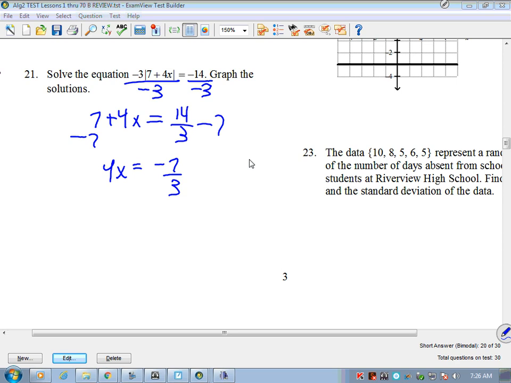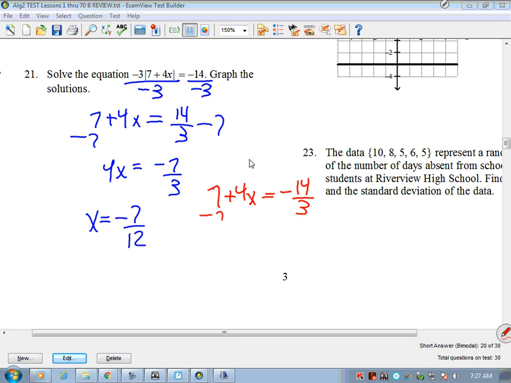All right, we're going to divide that by 4. Our answer comes out to -7/12. But this is only half the solution because the other thing we need to do, let's do it in red so we can see the difference: 7 plus 4x is equal to -14/3.